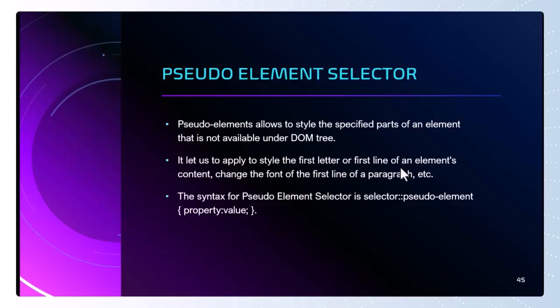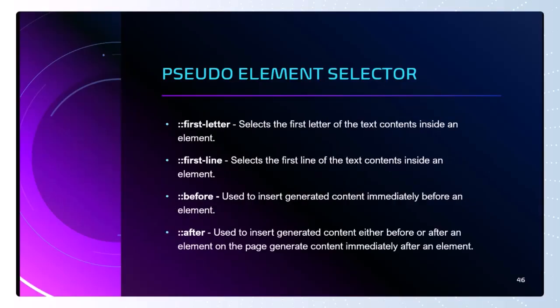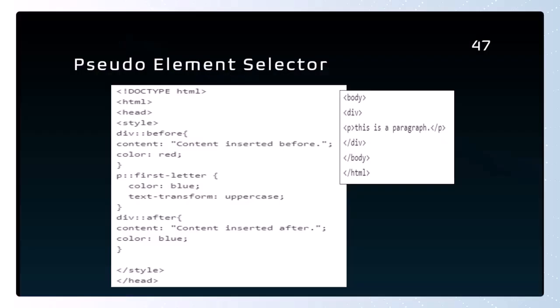The syntax of pseudo element selector is selector pseudo dash element and the property value. And these are pseudo element selectors: first dash letter, first dash line, before and after. And this is an example of the pseudo element selector.